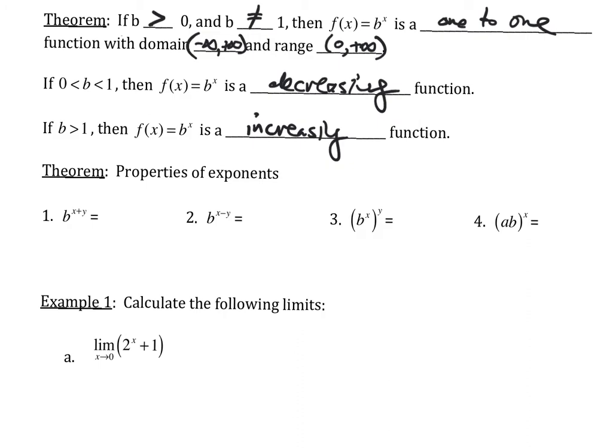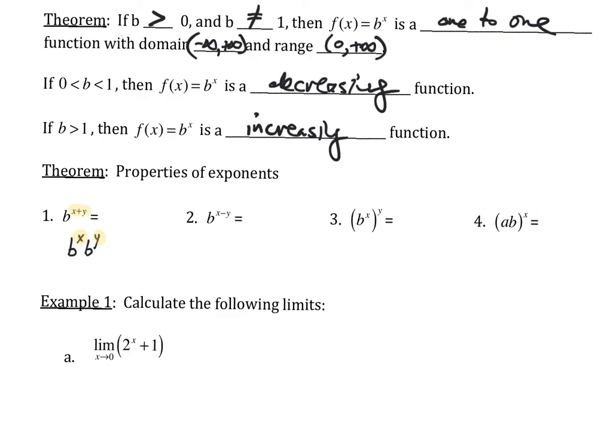So what happens when you have two numbers with the same base and you multiply those two together? The net effect of multiplying two numbers with the same base is you're going to add the exponents. Okay, so that's really a key property here. You've got two things, you've got to add the exponents there.